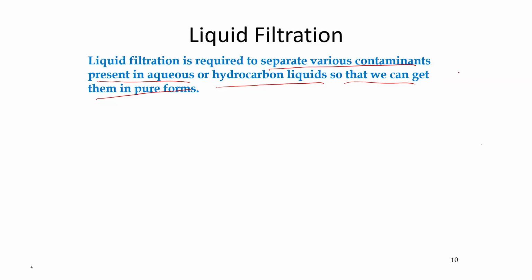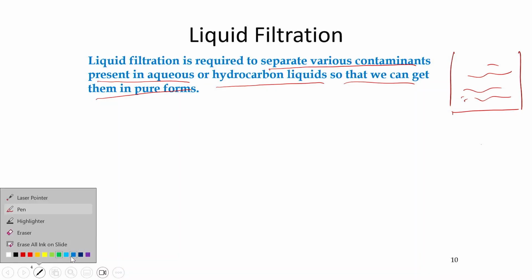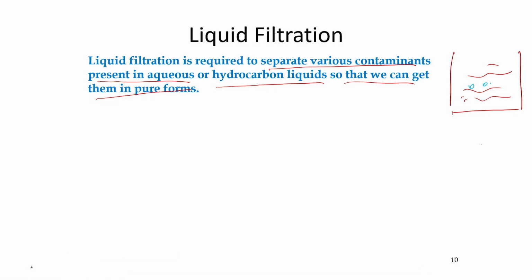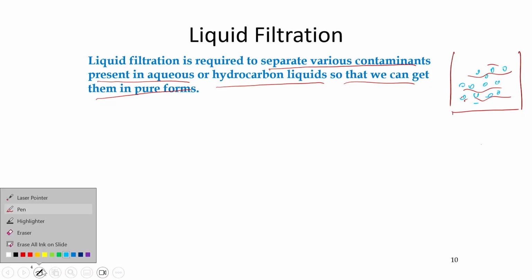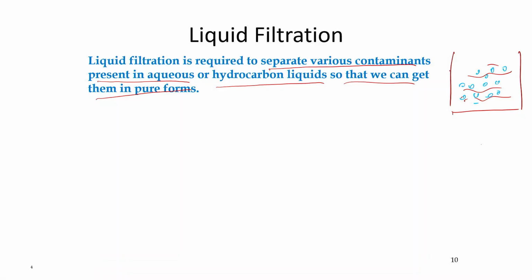Suppose there is a solvent and we want to retain the particles here, suppose a food item or any other item. There we remove all this liquid part. This is, suppose, a filter press; here the fluid is not required.